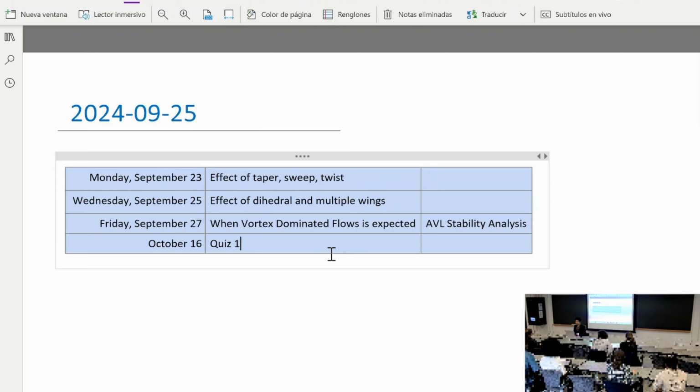Last lecture we saw that the lifting line explains the induced drag twice. One time is from the far wake behind the airplane, because the lifting line models all the trailing vortices, and you can compute the flow field in the far wake from these trailing vortices.